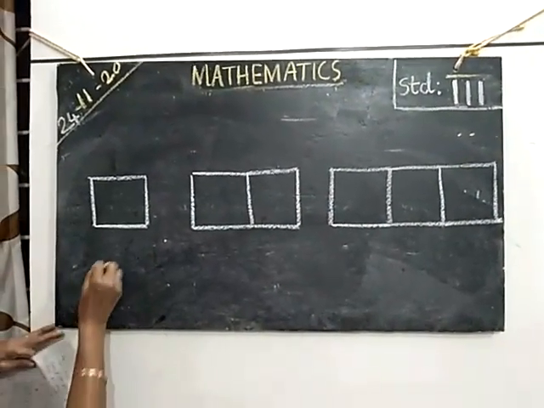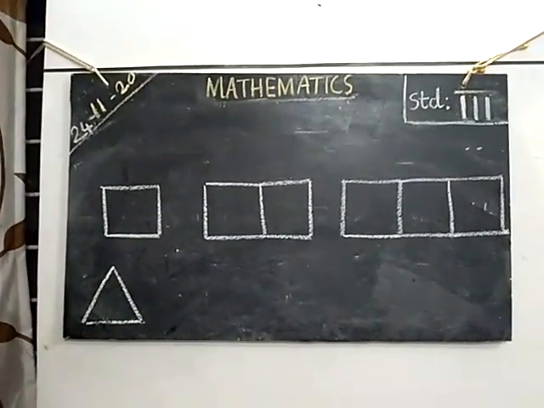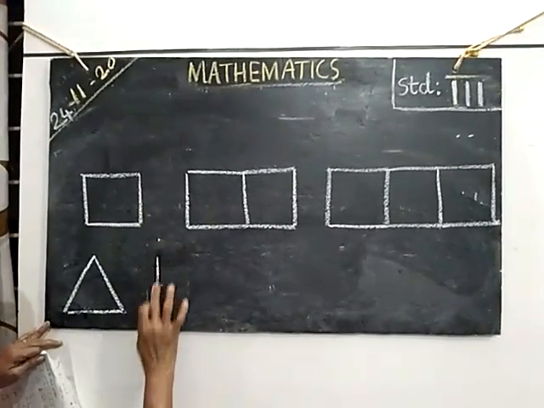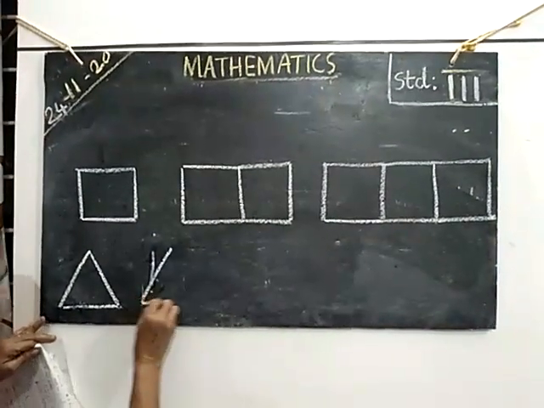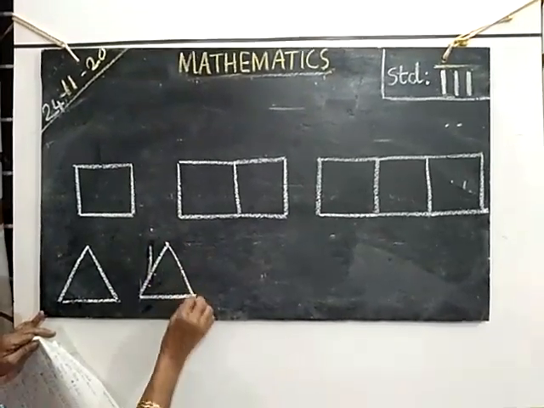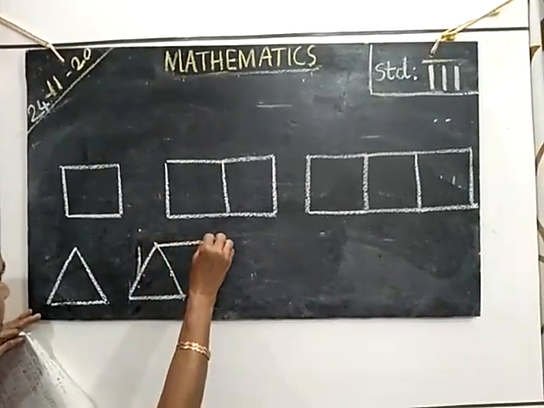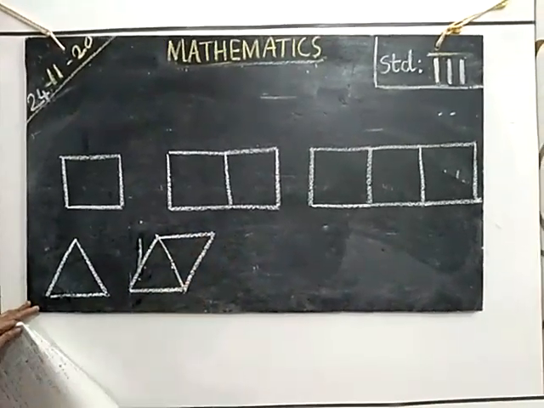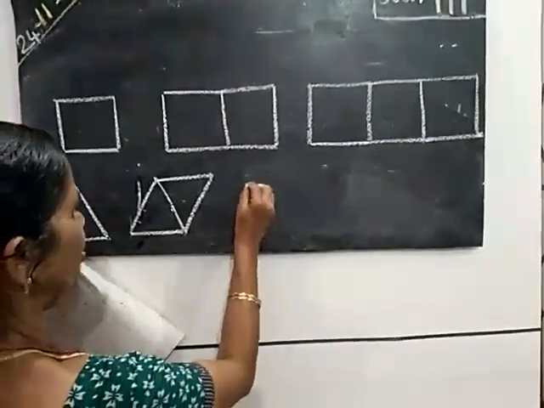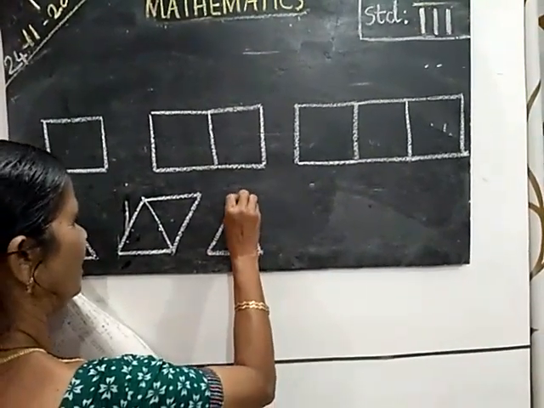Again, this is one triangle. Again, I am going to draw another triangle like this. Consider this line as one side and you can draw another triangle. I joined 2 triangles here. Again, another triangle.